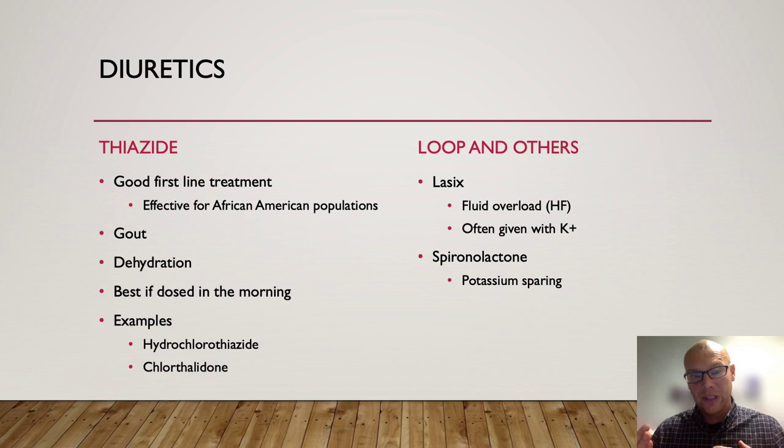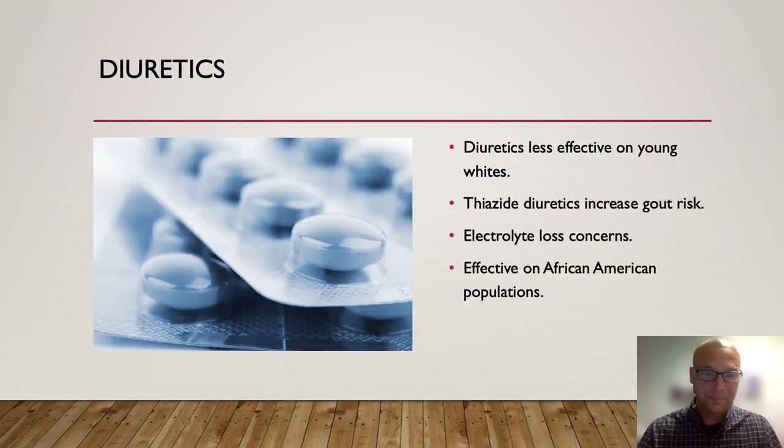Now, if the patient can't tolerate that or is not holding on to potassium as well, things like Aldactone, which is a potassium-sparing diuretic, can be a good alternative for them to use. It still works like a diuretic, but it kind of holds on to that potassium, which is a good thing. They're typically less effective in younger white populations.